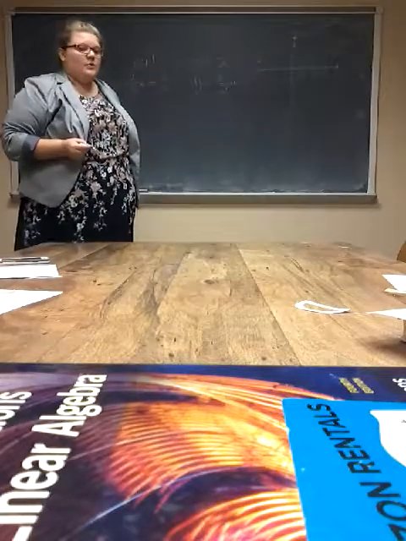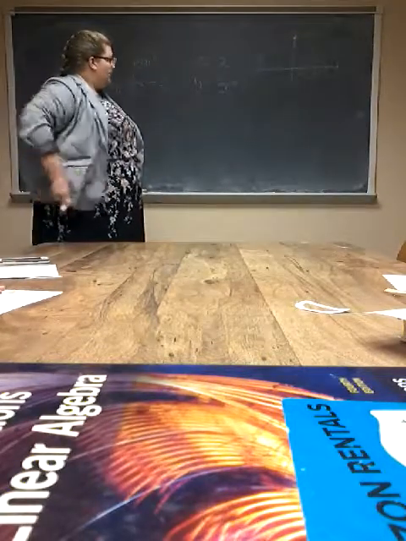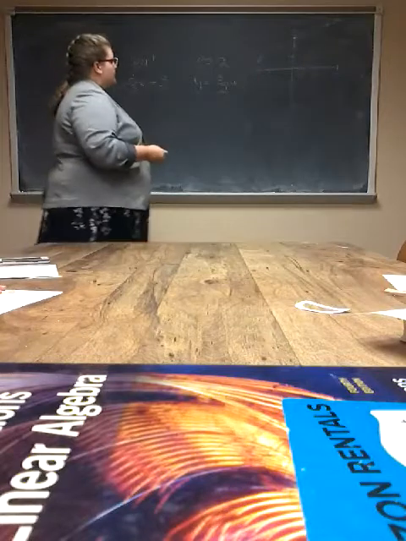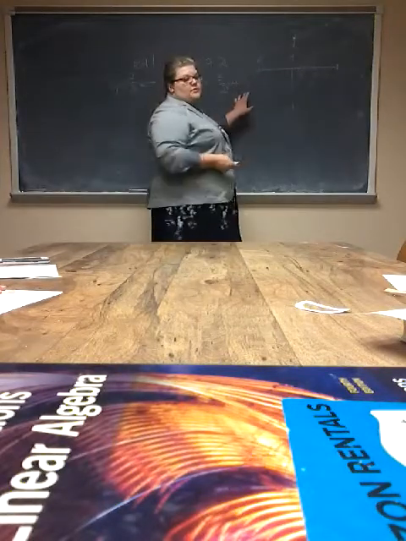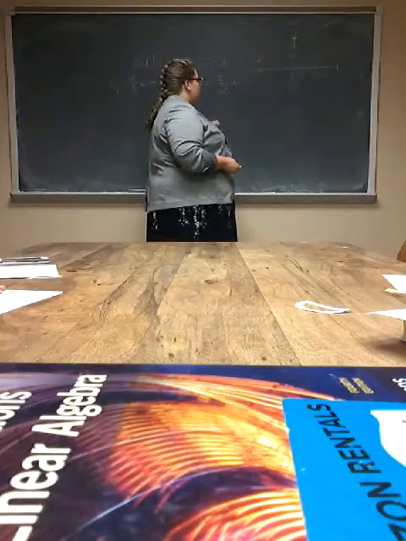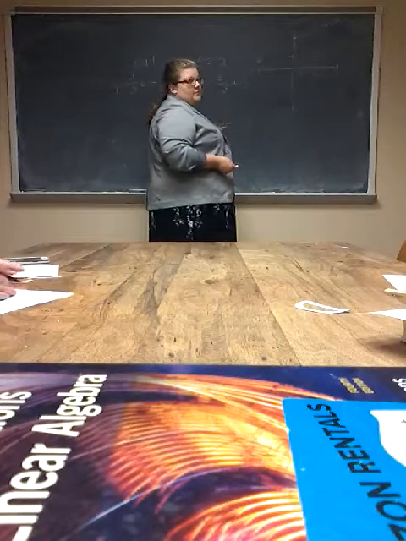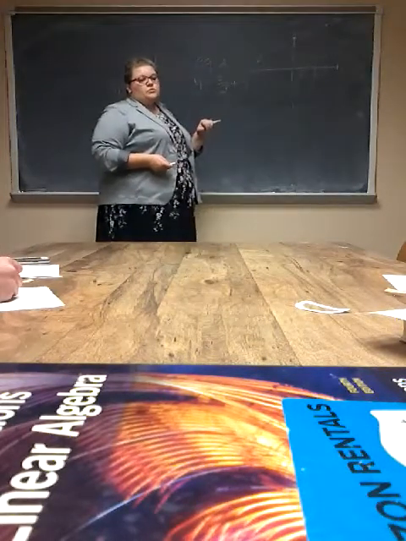Once you have your first equation on that same grid, you're going to graph your second equation. That one has the same y-intercept, you'll notice. So it's still 0, 3, but our slope is different. We're going to go down 3 and to the right 2.